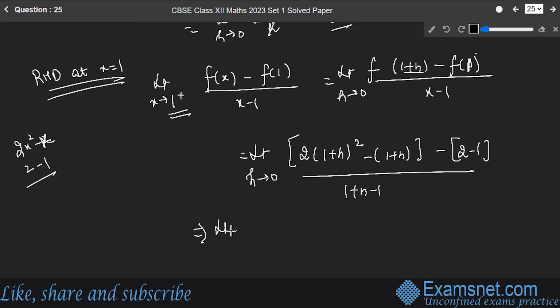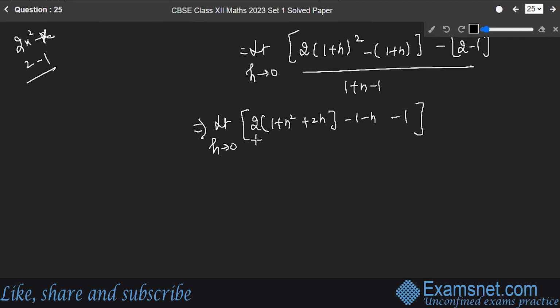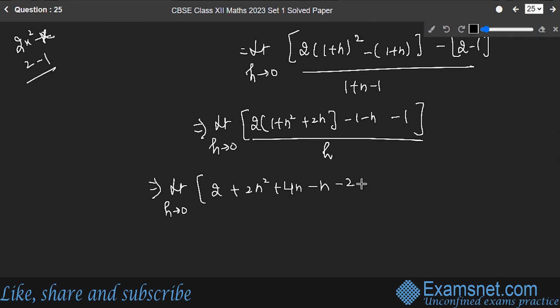So this becomes limit h to 0. I'll open the brackets. You have 2 into (1 plus h) square plus 2h minus 1 minus h minus 1, whole divided by h. So this is limit h approaching 0, 2 plus 2h square plus 4h minus h minus 2, whole divided by h.